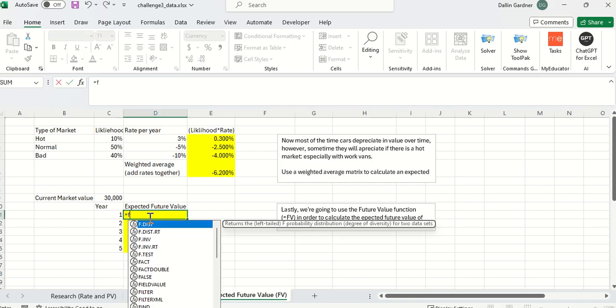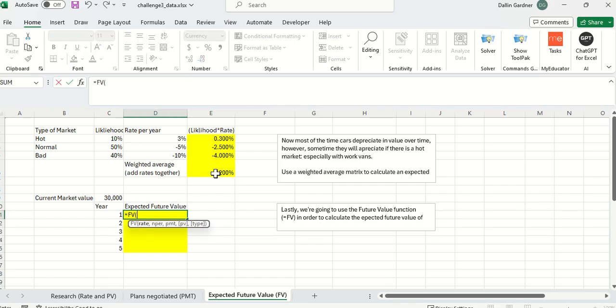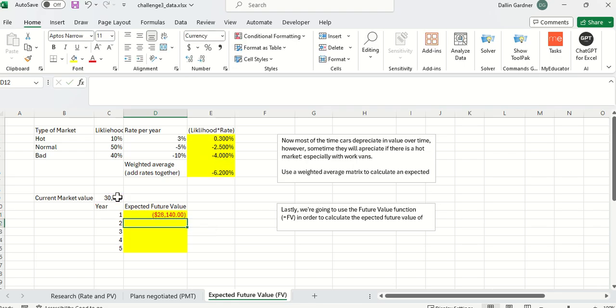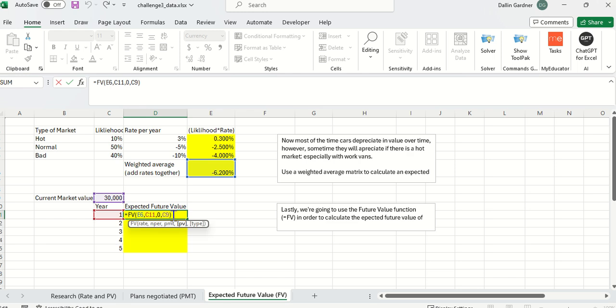And now we're going to use the future value to anticipate what it's going to be. So we have a rate, and we don't need to do this part because it's just a one-time thing, and we're not considering payment in our future value. We need to lock that in.